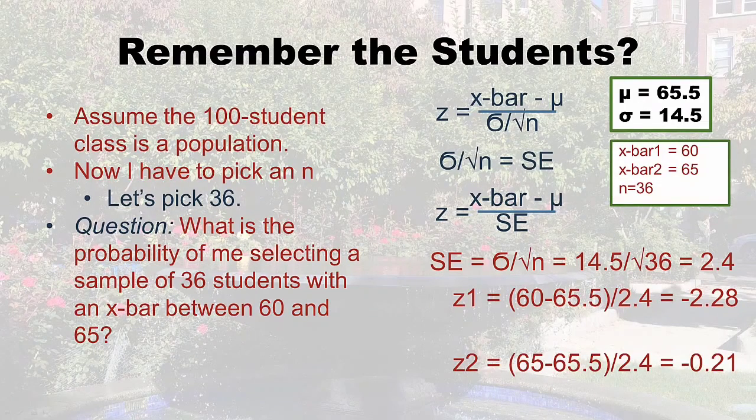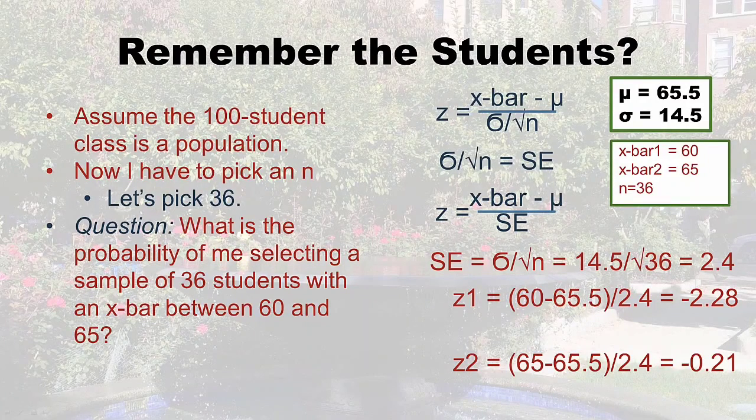So here's Z1 and Z2. I put them both up there, but we can just walk through this. X bar 1 is 60 and X bar 2 is 65 because it's between 60 and 65. You see what's going on in the slide. And like I told you, both of these X bars are below the mu, so they're both going to have negative Z's.